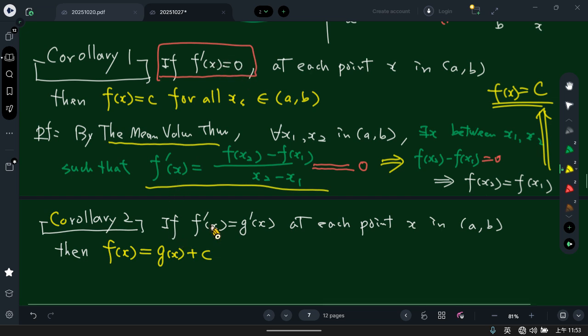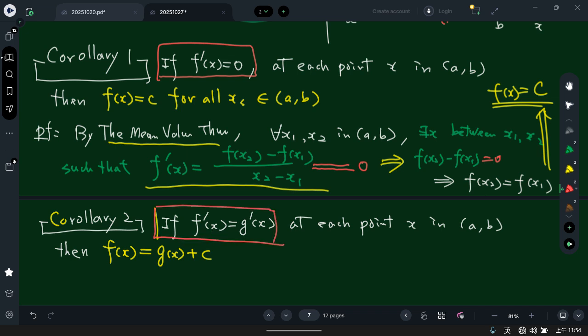But here we assume that for two functions, we don't know what they are, but we know their first derivatives are the same on a certain interval. Based on this, we can conclude that the only difference between f of x and g of x is a constant.